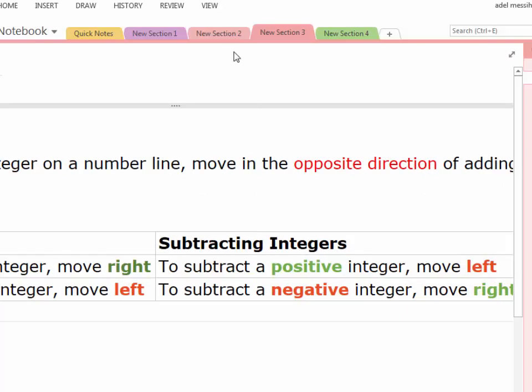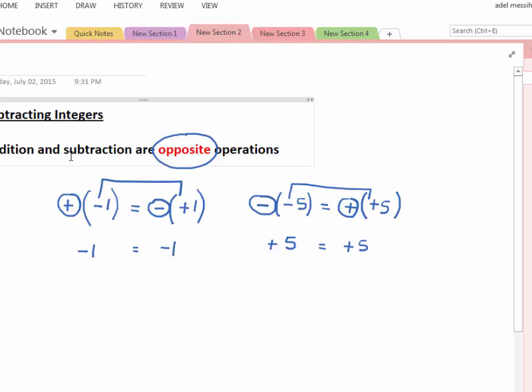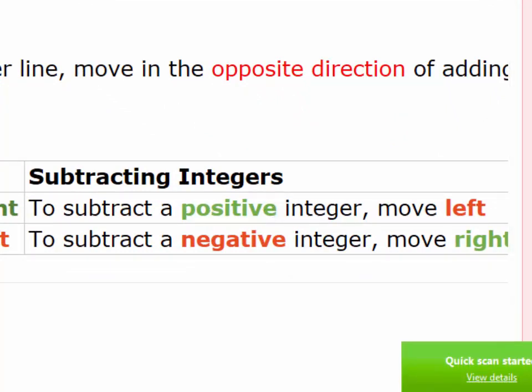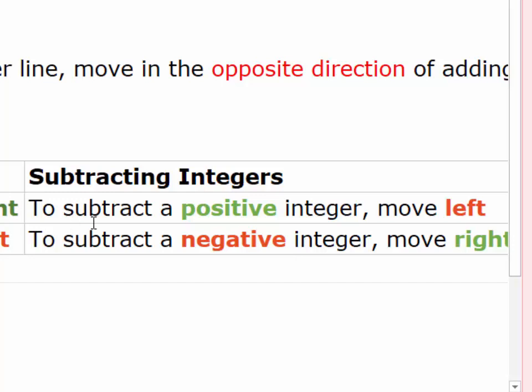I just explained why: addition and subtraction are opposite operations. When I subtract a positive integer, in green, I move left. Can you see green and red? Opposite. Instead of going to the right, I go to the left. And to subtract a negative integer, usually when I add a negative, I go to the left, but here we will move to the right because they are opposite.